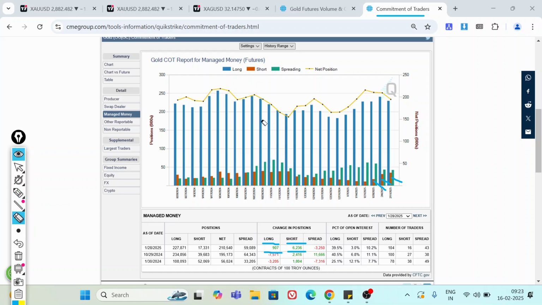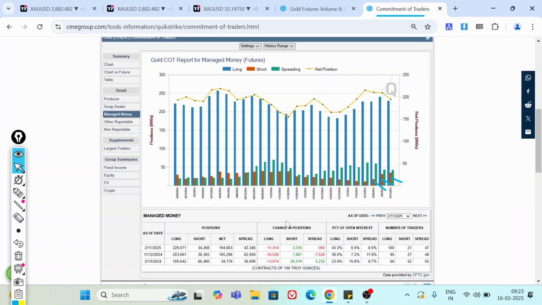Overall, if we focus on the current COT report, for this particular week, it shows that the managed money are now expecting some reversal, because they are covering their long positions, meaning they are booking profit on some longs, but they are also adding into the short side.